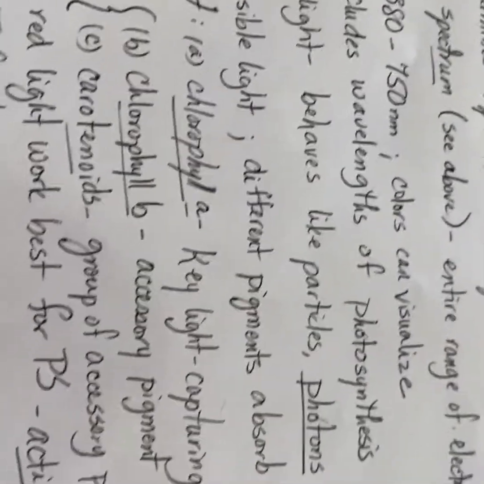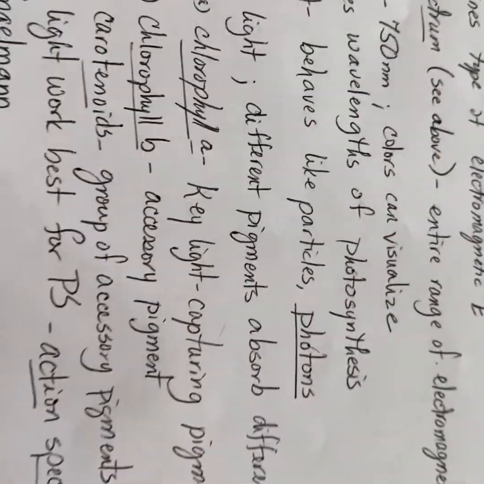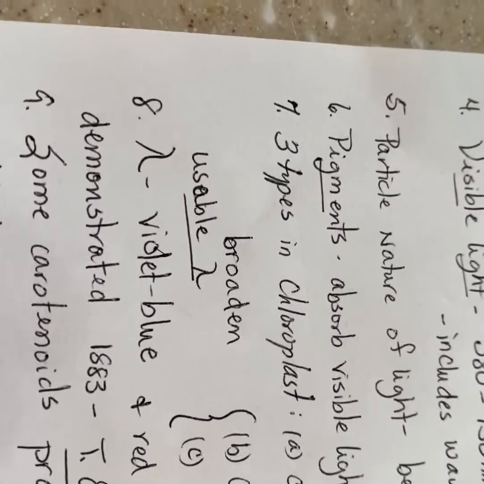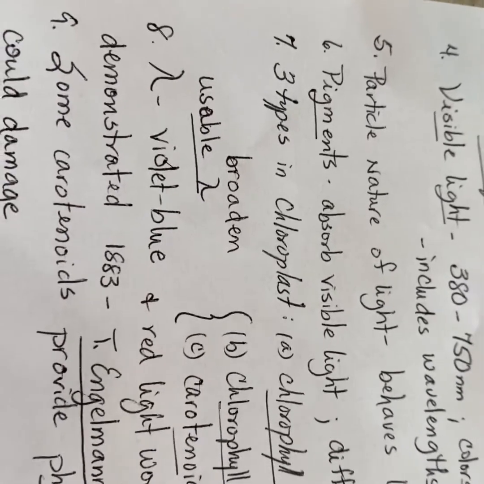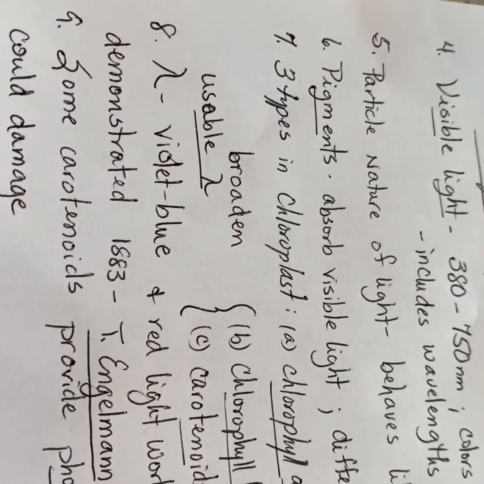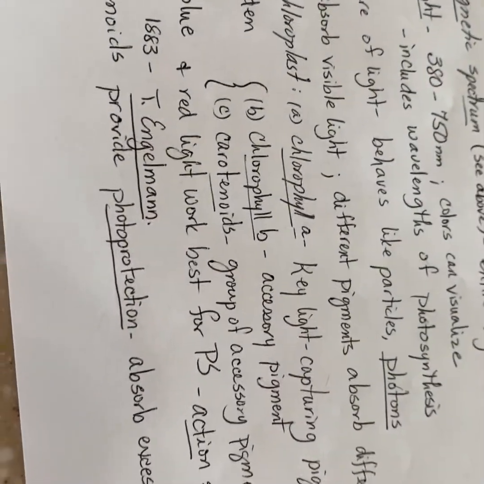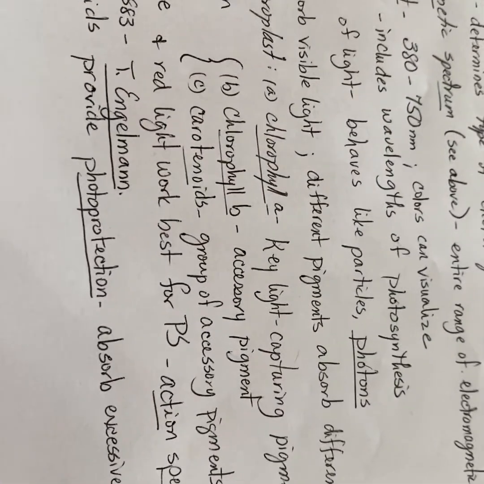These are the ones that look yellow or orange in fruits and vegetables. The wavelengths that are used for photosynthesis best are the violet blues and red lights. And this was proven by T. Engelmann.